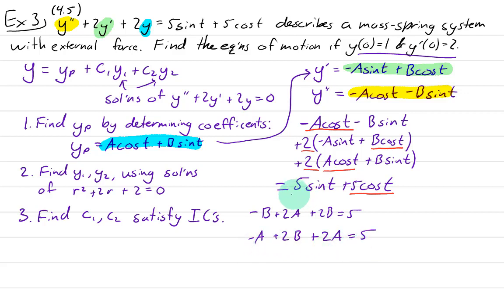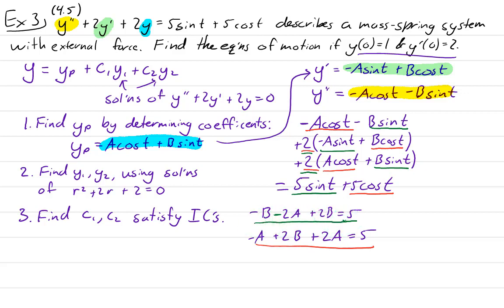And then for the coefficients of sine of t, we want those to add up to 5 as well. So that's going to be the b times sine of t minus 2a sine of t. That should be a minus here. Notice that mistake. Plus 2 times b sine of t is right here.